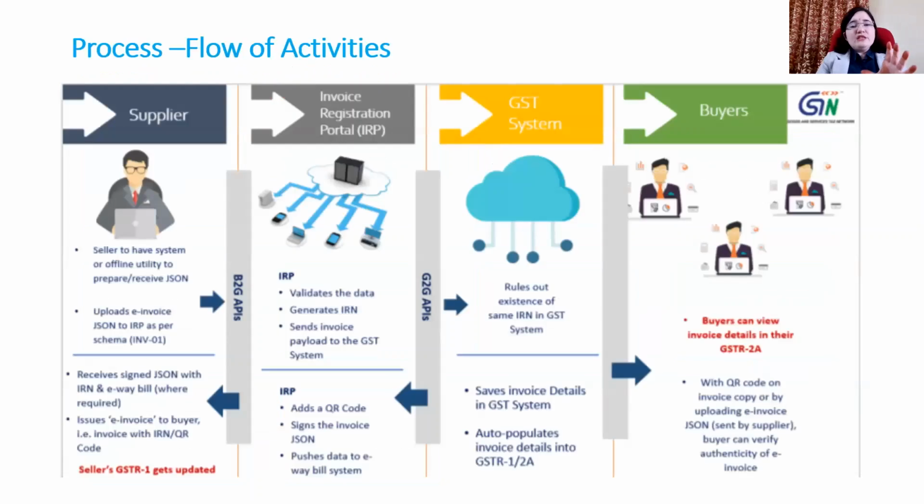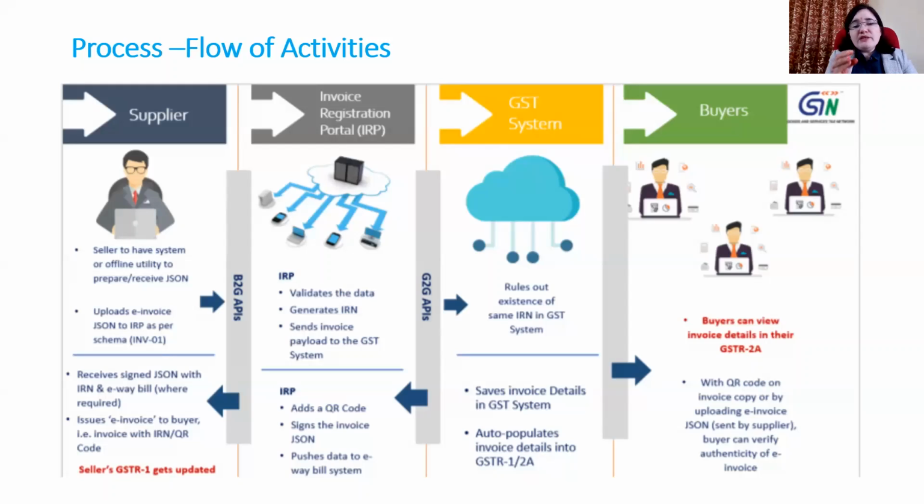So if you refer to this flow of the transaction, as a supplier, you have to create the tax invoice. Once your tax invoice is created, your tax invoice details are going to be reported to IRP, meaning the invoice registration portal. So on the e-invoice portal, you have to give the details of the tax invoice.